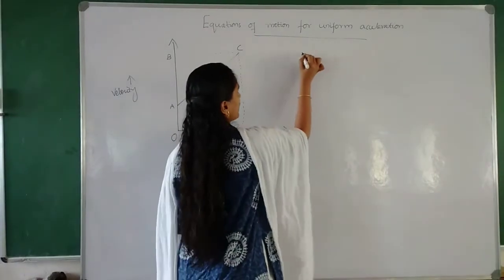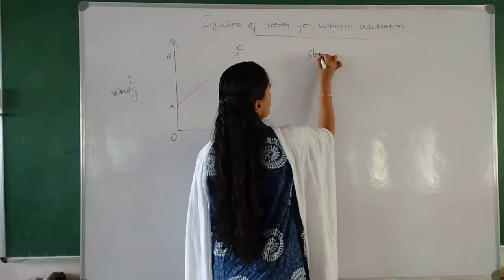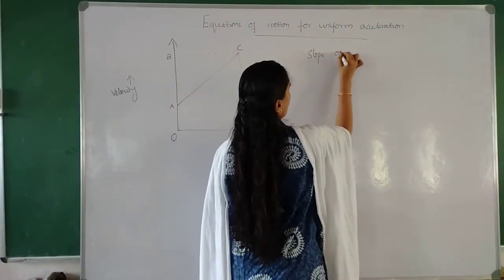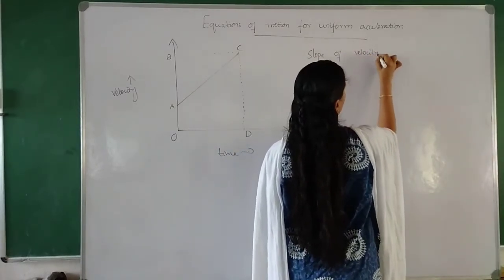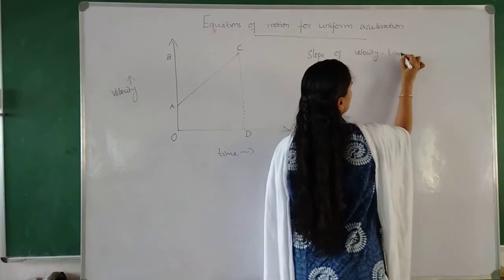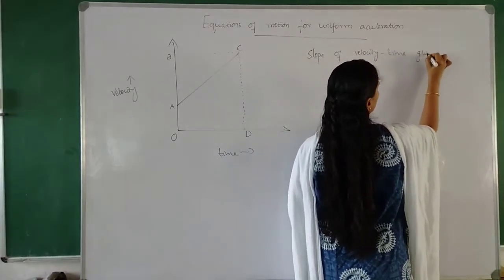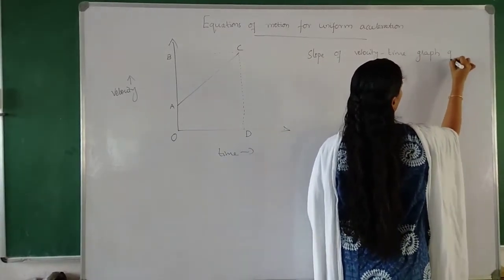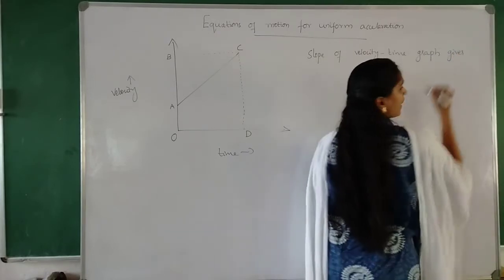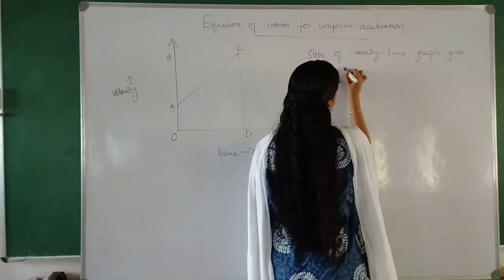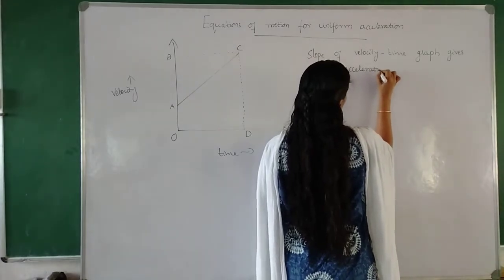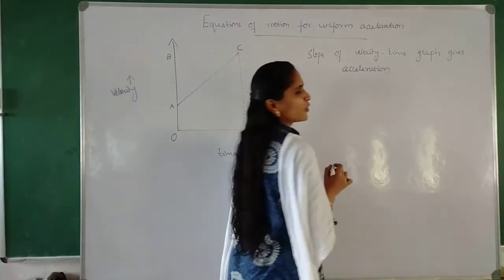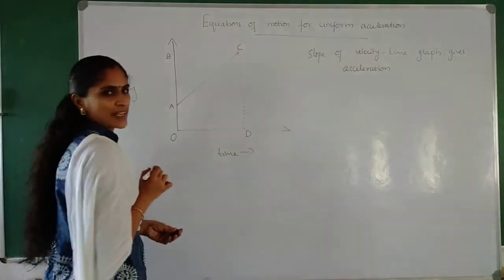One important property of velocity time graph is that the slope of velocity time graph gives acceleration. We can write, slope of velocity time graph is acceleration.